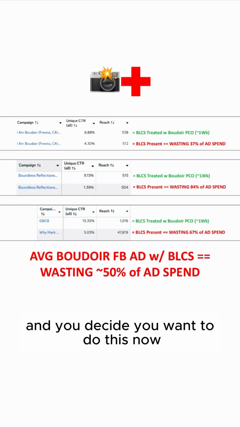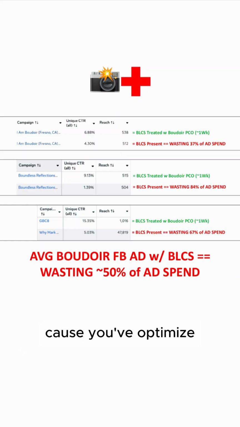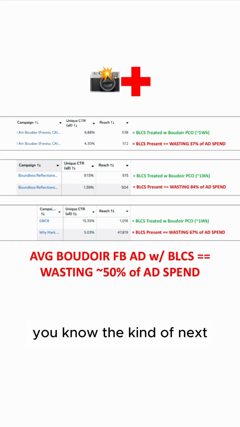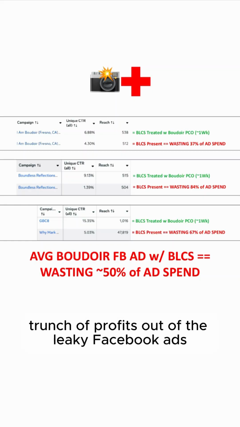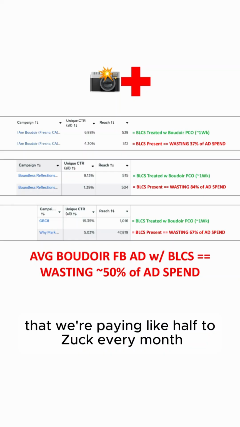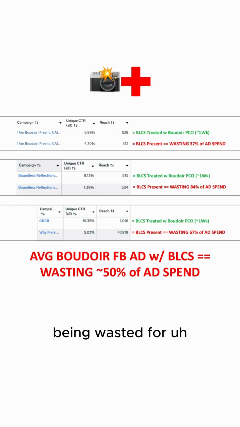And you decide you want to do this now because you've optimized other parts of your business and you're ready to pull the next tranche of profits out of the leaky Facebook ads where we're paying like half to Zuck every month, being wasted for no reason.